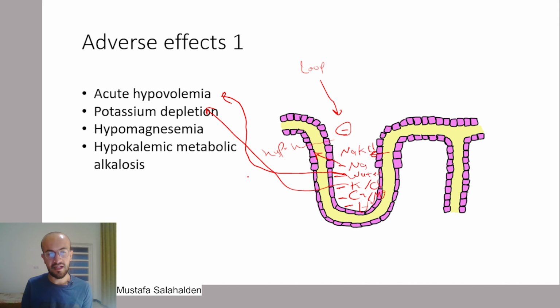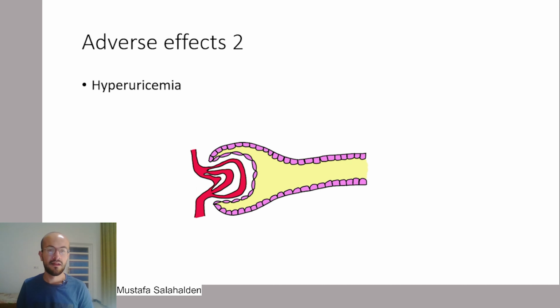If we lose the potassium and the hydrogen, we would get the hypokalemic metabolic alkalosis. If we lose a lot of magnesium, we would get the hypomagnesemia. Those all could happen because if we lose more than what we need of these ions.